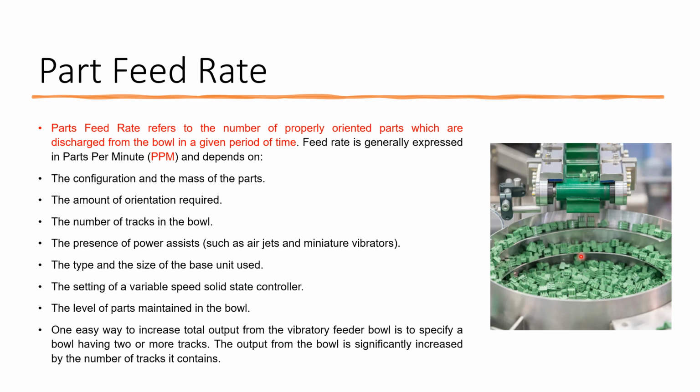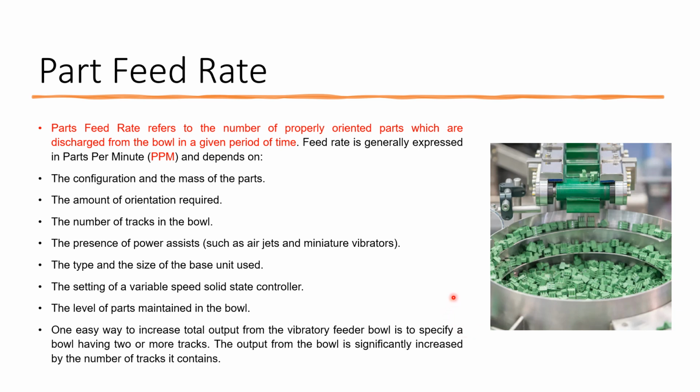How we have set the frequency and the amplitude will affect the part feed rate a lot, because that affects how the parts get sorted out and how they move along the bowl feeder. Then the level of parts maintained in the bowl, as we just saw with capacity, whether the bowl is completely filled or empty.